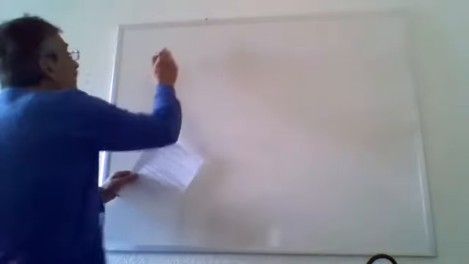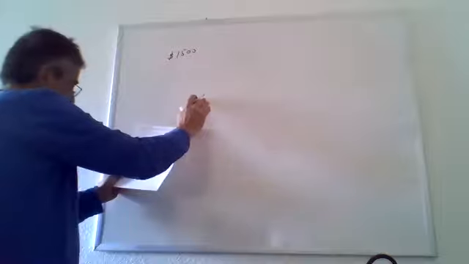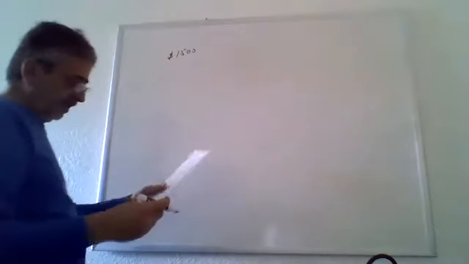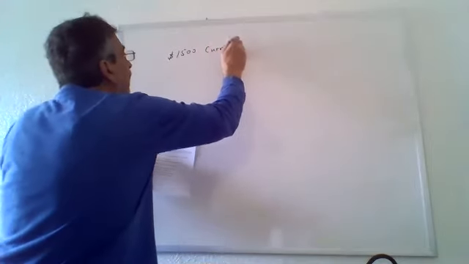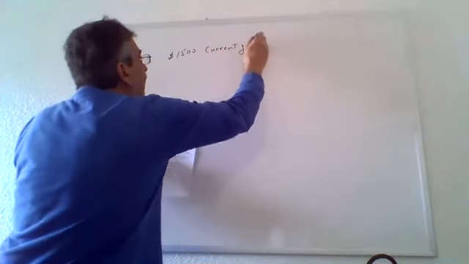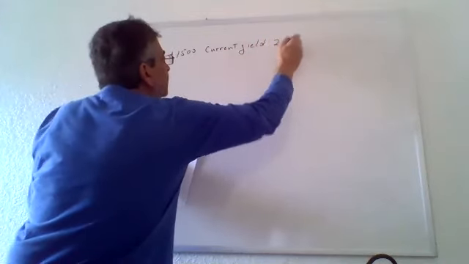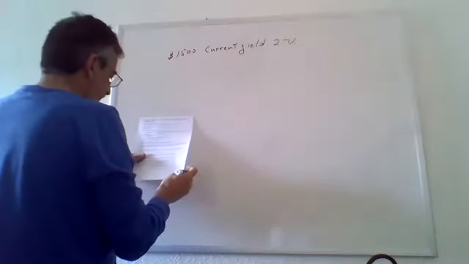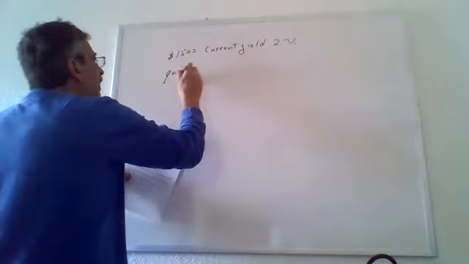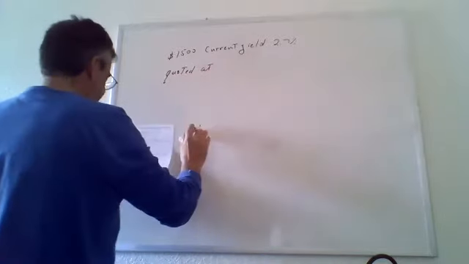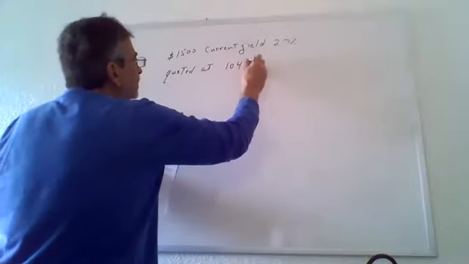We have a $1,500 treasury bond. It says current yield is 2.7%, and it's quoted at 104 points.